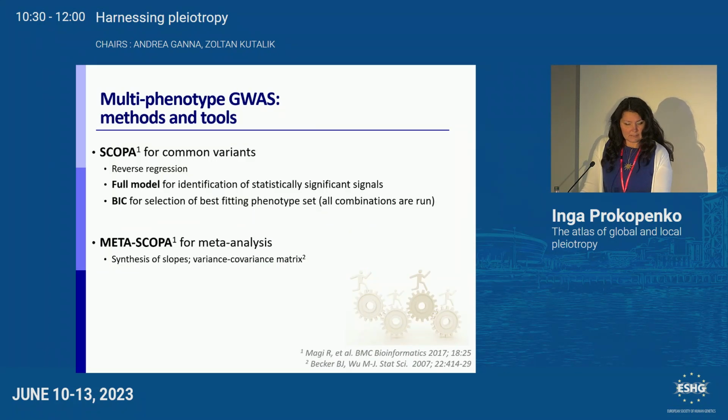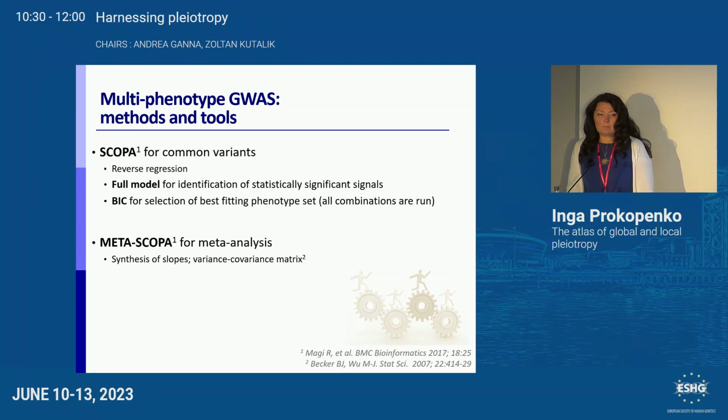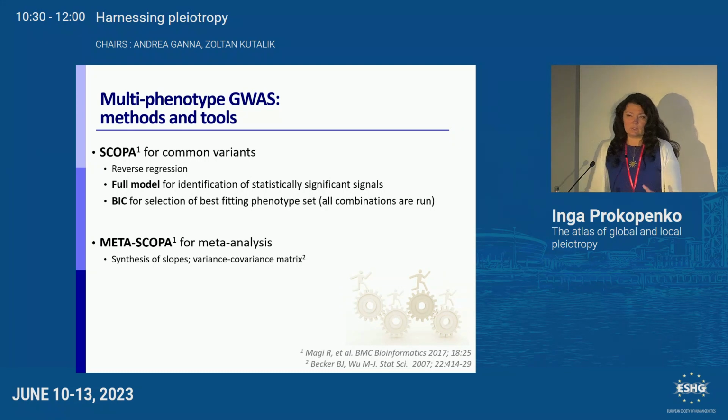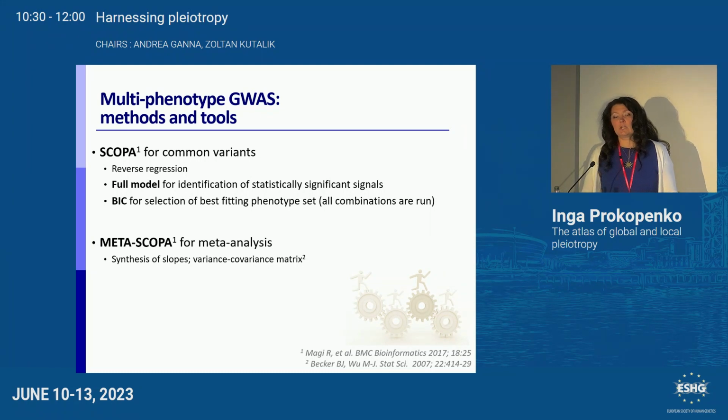We implemented it together with Andrew Morris and Radik Magi in the SCOPA software tool for common variants. And why I like this software, it's because we can use it for multiple phenotypes, and we are working now on implementing it for the UK Biobank file format.